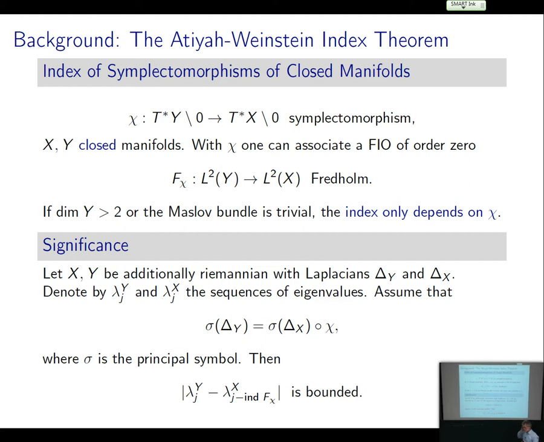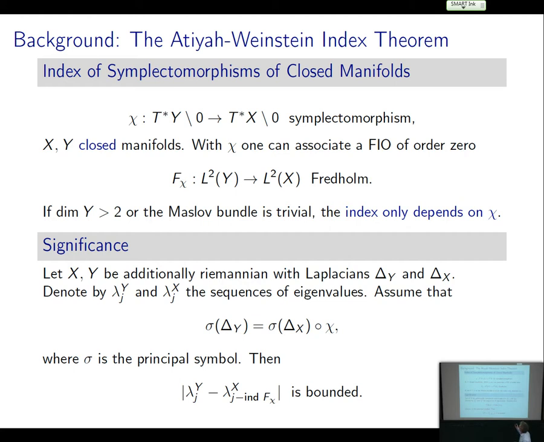And then what you can do is you can associate a Fourier integral operator of order 0 with this symplectomorphism. If you are a little bit familiar with the idea of Fourier integral operators, a Fourier integral operator is basically described by its phase and an amplitude. So as an amplitude, you just pick a unitary section of the Maslov bundle, any, your favorite section.